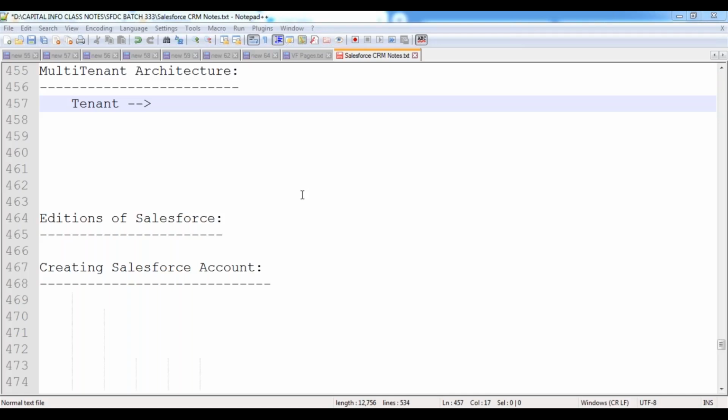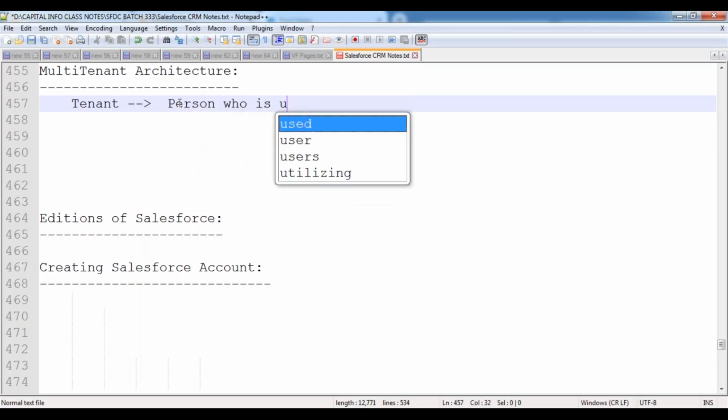Now, what exactly is a tenant basically? A tenant means the person who is utilizing a resource on rental basis.